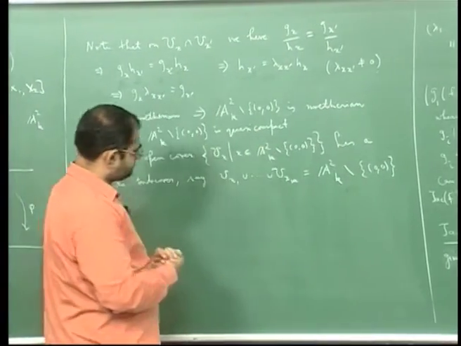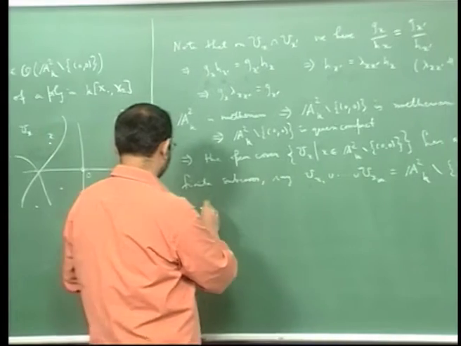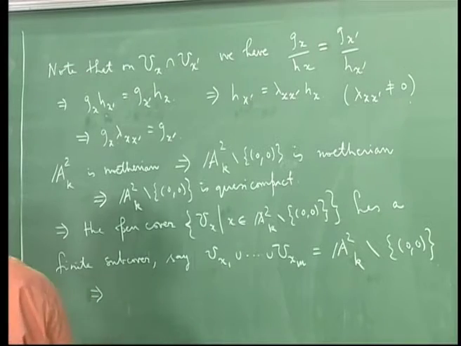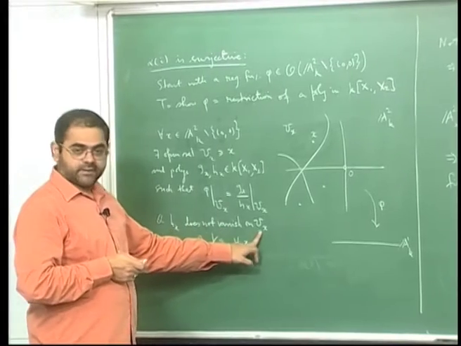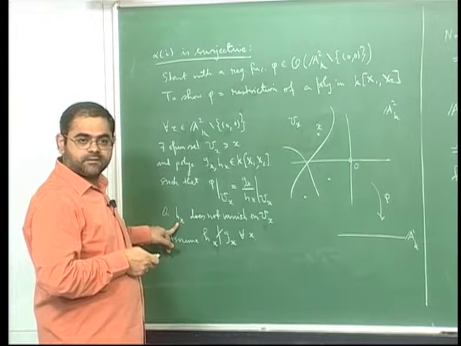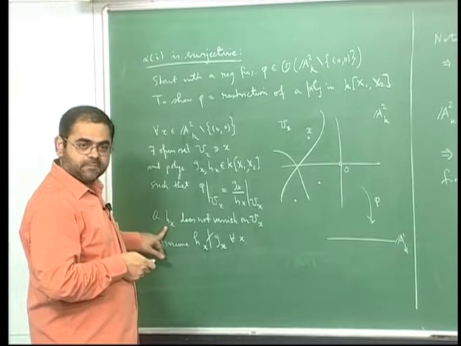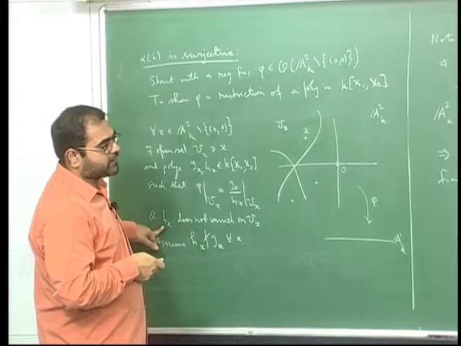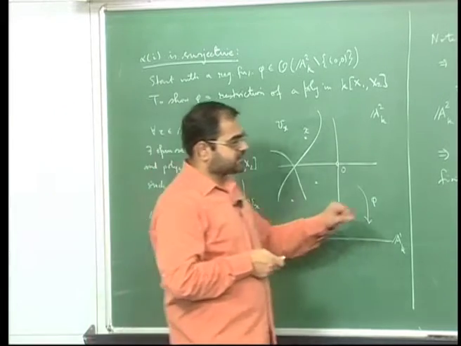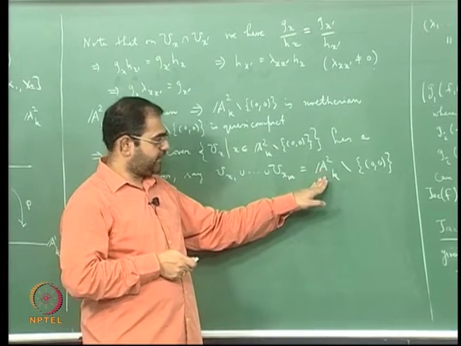Now you see what this will tell you is that Hx does not vanish on Ux. So it will tell you that Ux is contained in dHx, and therefore all the corresponding dHx's will certainly contain this.